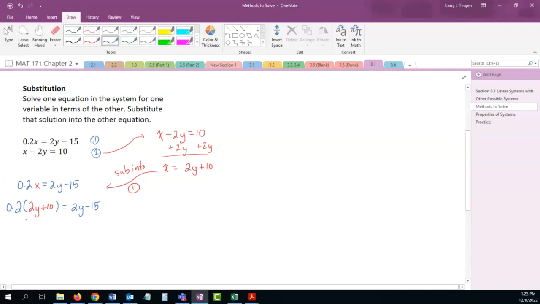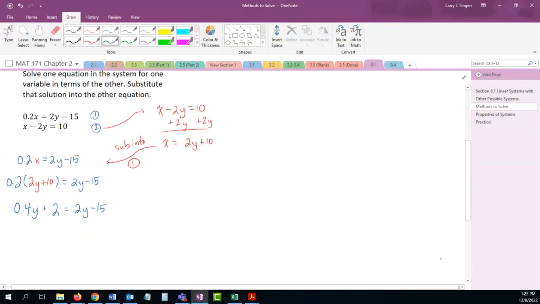On the left, we need to distribute 0.2 times 2y. 2 times 2 is 4, and I get 1 decimal place. So that's 0.4y plus 0.2 times 10 is 2. Got linear equations, and now I have one equation and one variable.